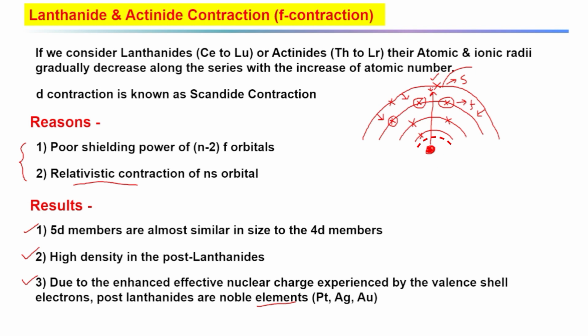So this girl is attracted towards the other electrons, the s and p electrons, the outermost electrons. Because of that, there is a relativistic contraction in this orbit or orbital, whatever you say, and those elements become inert in nature.